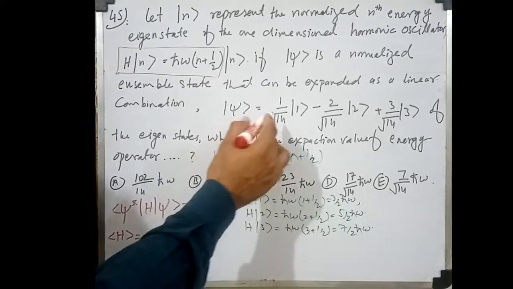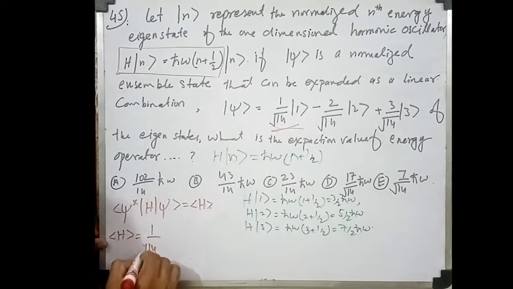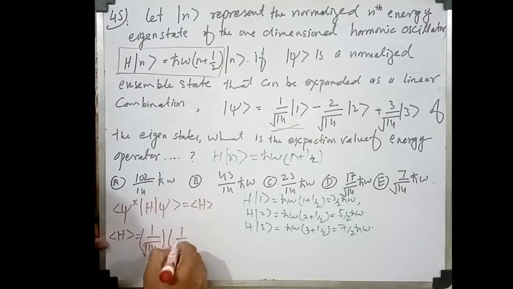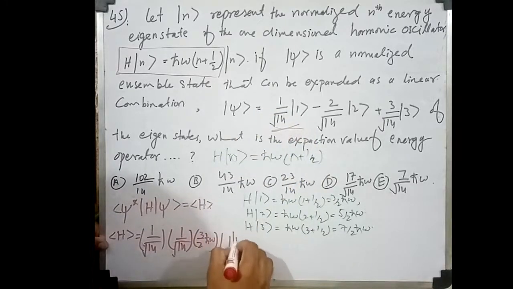For state 1, I am writing 1 over square root of 14, and another 1 over square root of 14 for the function, and the constant value of H, 3/2 ħω, and the inner product of 1 with 1, plus.